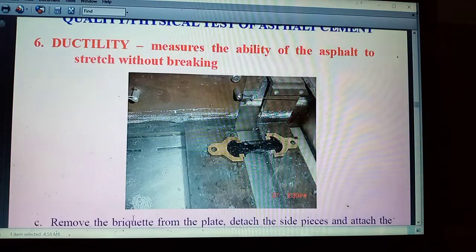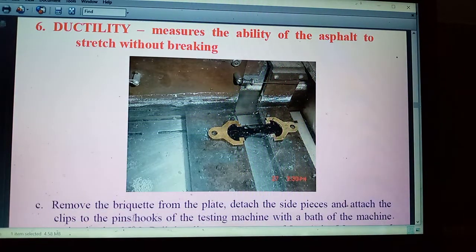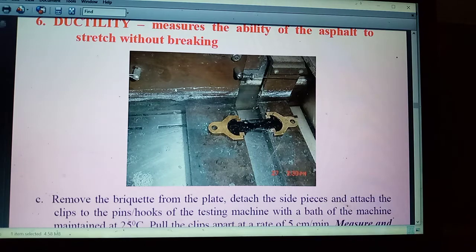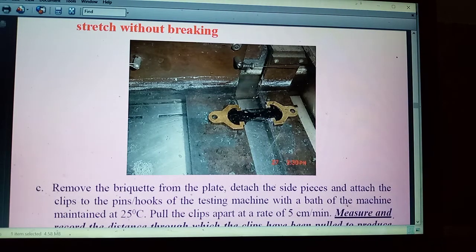Ganon. Okay? Then is remove the briquet from the plate. Okay? Ito. I-remove mo yung briquet and then detach the side pieces and attach the clips to the pins hooks. Okay?